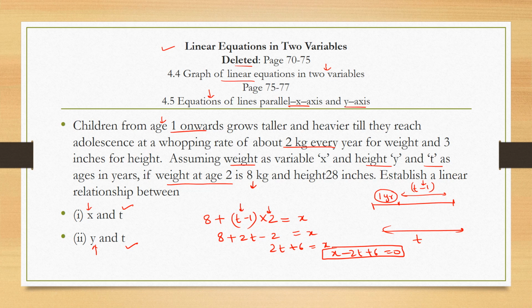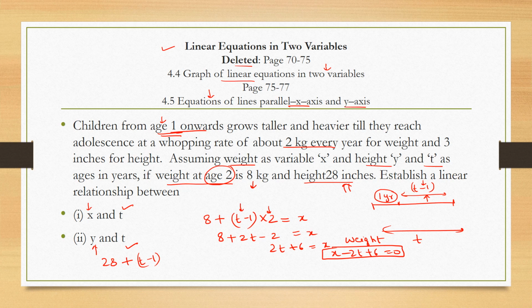Weight we have done, now height, right? Okay, so it is saying that at the age of 2 years, height has reached 28 inches, right? So this is the fixed value, 28 inches. But age 1 onwards, that means time is left as t minus 1 again.